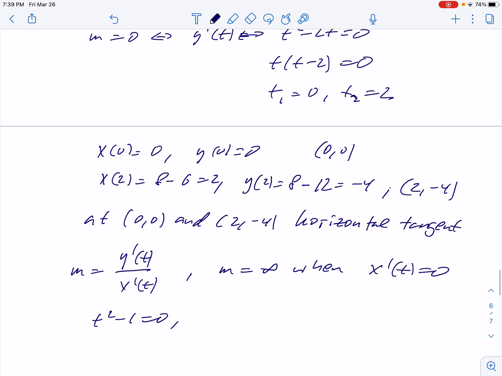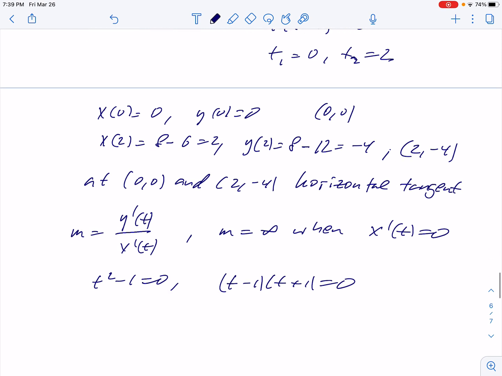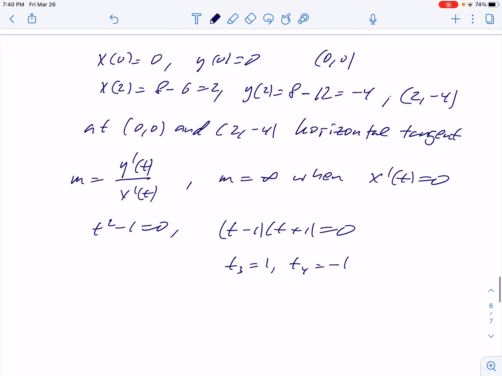This factors: t minus 1 times t plus 1 equals 0. So we have two values here. Let's call them t3 equals 1, t4 equals negative 1. For these values of the parameter, x prime is 0 and we have slope infinity.